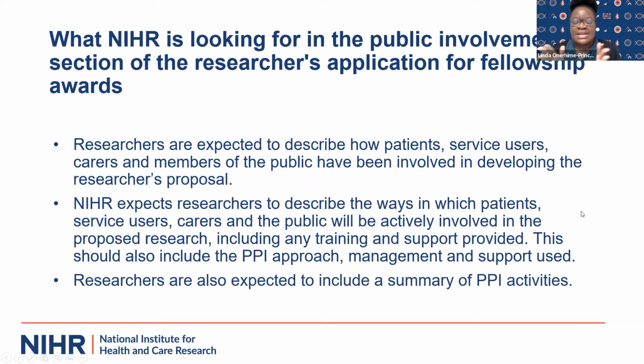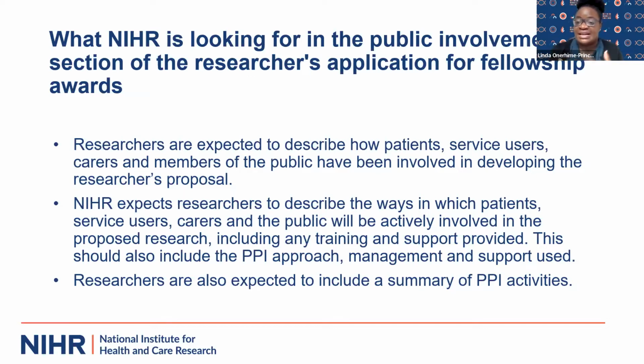Okay, so in this slide, I'm going to discuss what specifically we are looking for. So what NIHR is looking for in the public involvement section of the researcher's application for fellowship awards. NIHR is expecting you to describe how patients, service users, carers, and members of the public have been involved in developing the research proposal.